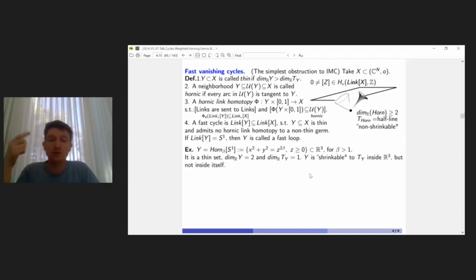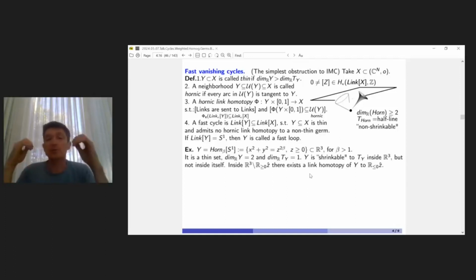Now, y is shrinkable to its tangent cone, of course, if you consider it as a subset of R3. But inside itself, it is not shrinkable. Even more, we could consider y inside R3 with the positive half axis of z erased.